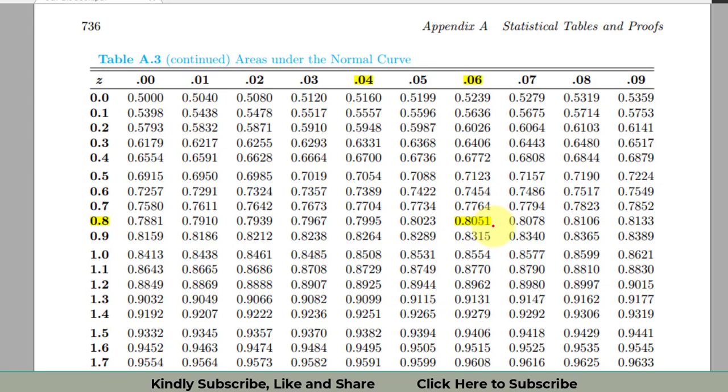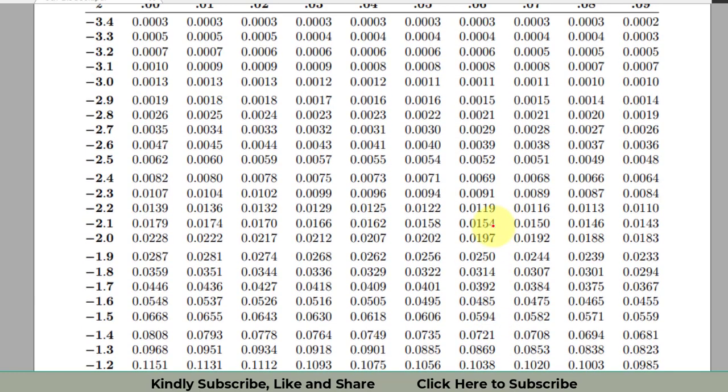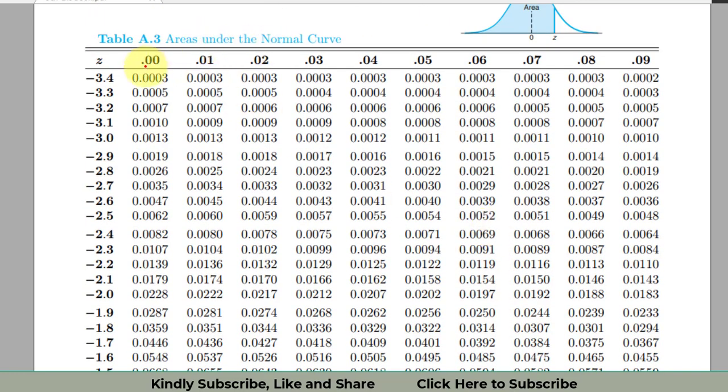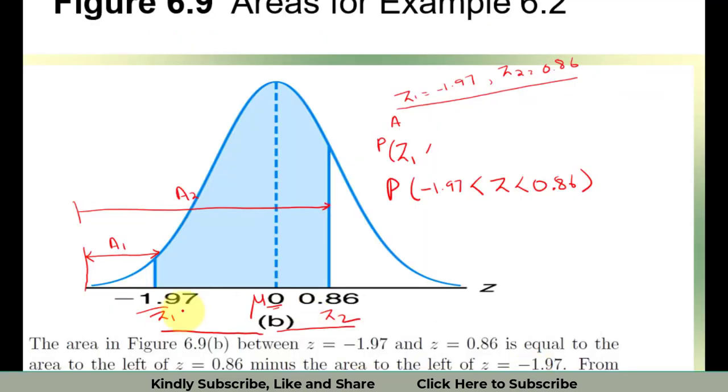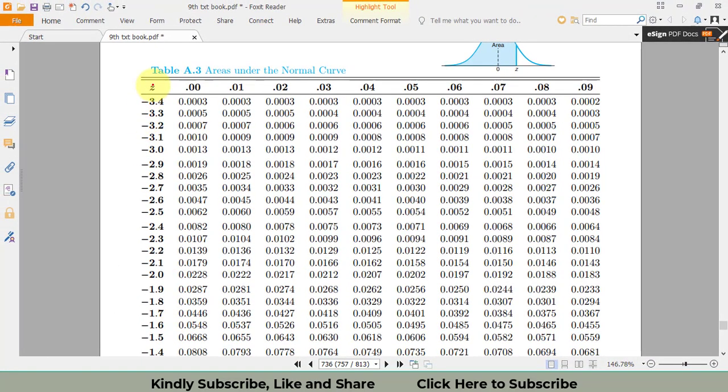Now the question is how we can calculate the values for the negative z scores. So this is another table. This is table A3, areas under the curve, but here the z scores are negative. We have to calculate minus 1.97. So we come from the top downward to minus 1.9, with 0.07 remaining. At the intersection of these two values, we got the probability associated with minus 1.97.